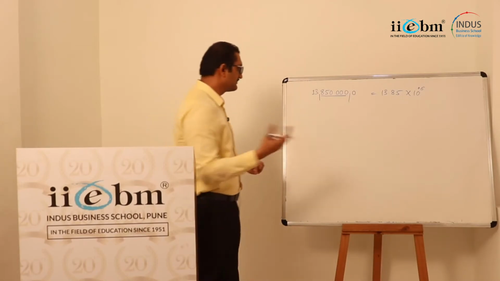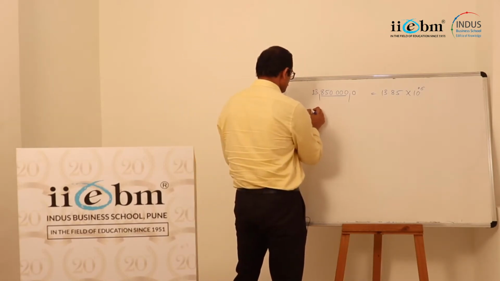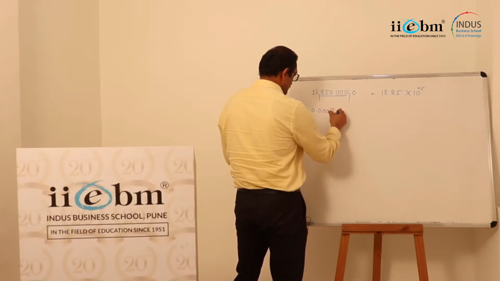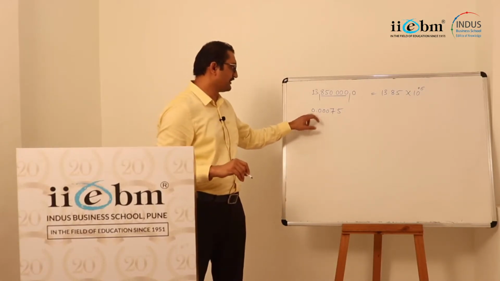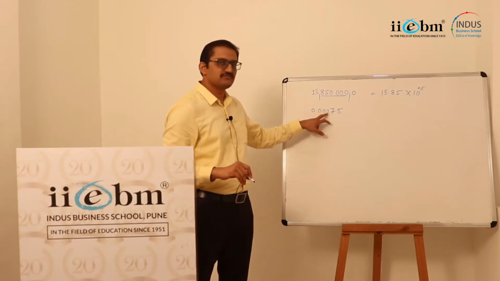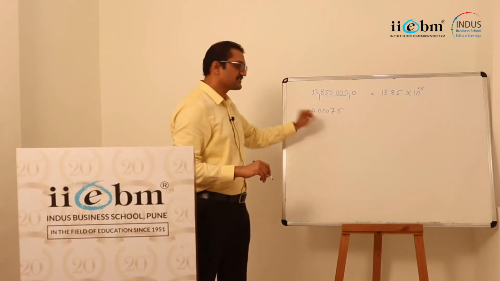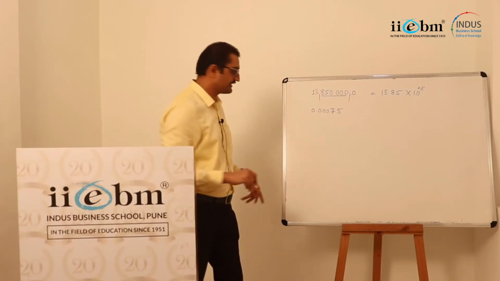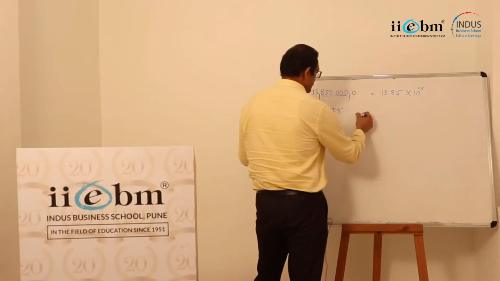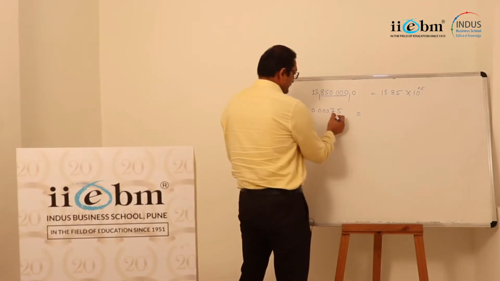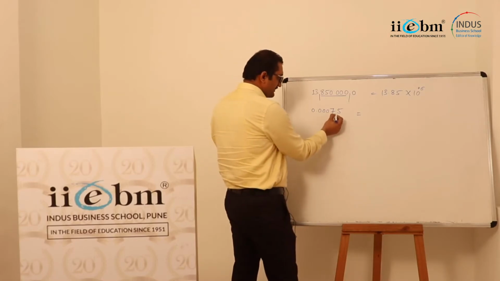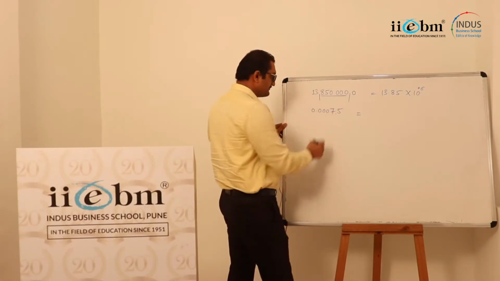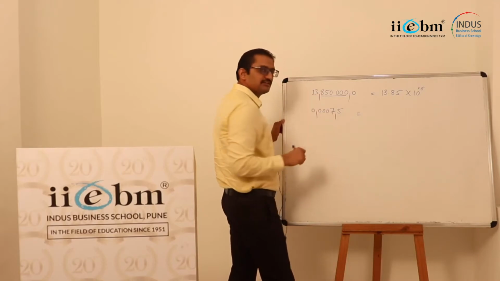Let us take an example of a smallest number. Suppose this kind of a number I have, which is 0.00075. Now I want to represent this number again with the help of 10 raised to power n. Then what I can do is, if I want to place my point here in between 7 and 5, these are my 2 points.